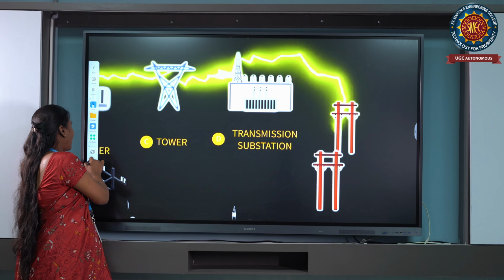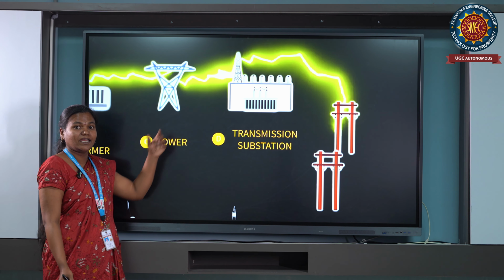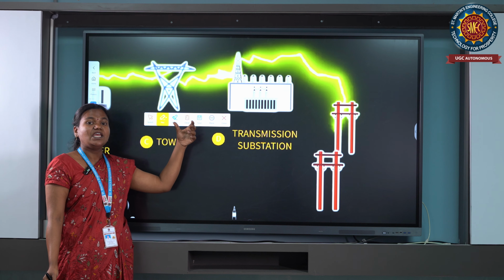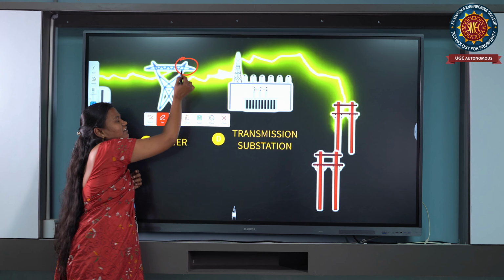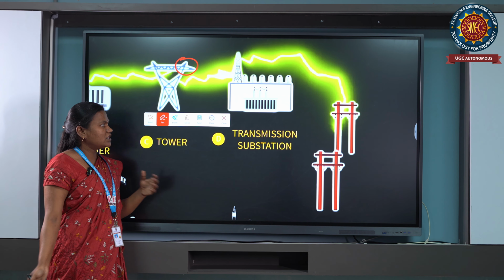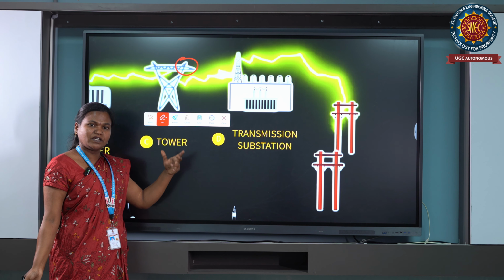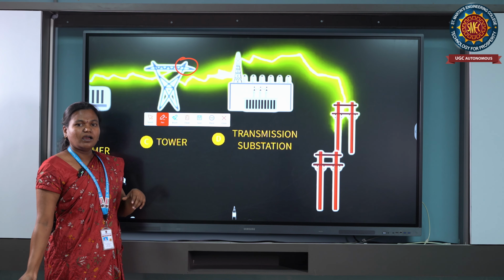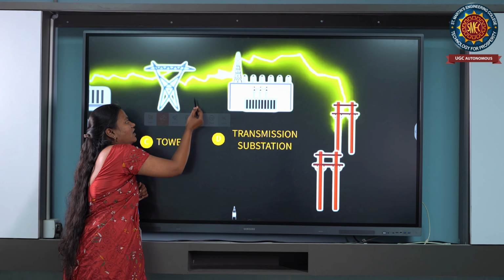Most of the faults, like line to ground faults, occur here because of the failure of insulation. There we can use circuit breakers and different types of relays to provide protection to these transmission lines. After the fault is cleared, what will happen?